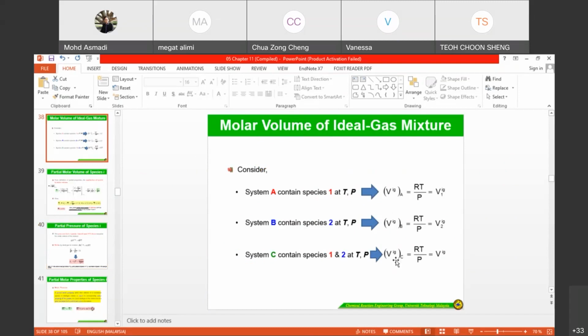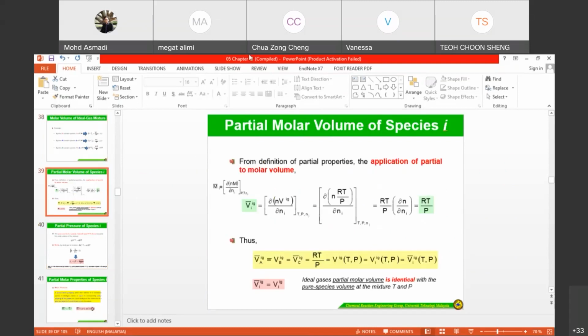With an expression similar to the partial pressure, and the partial properties from the previous slide, you can replace this with the partial volume, so you can get this expression. Just replace with V_i^ig, with RT over P, so you can get this equation. Actually, the partial molar volume V-bar_i^ig and the pure species V_i^ig are similar.